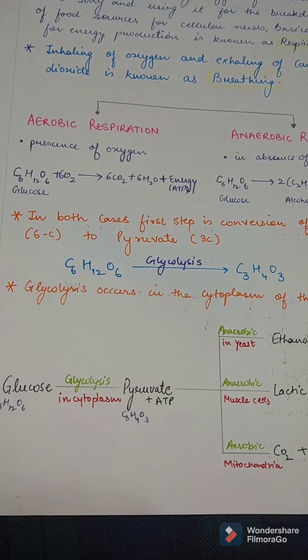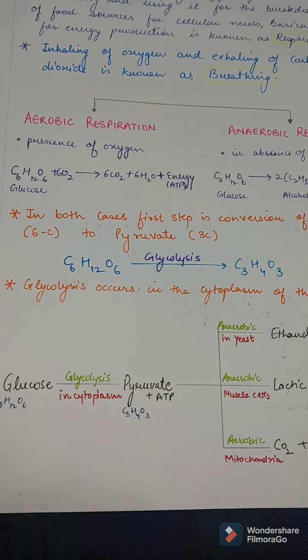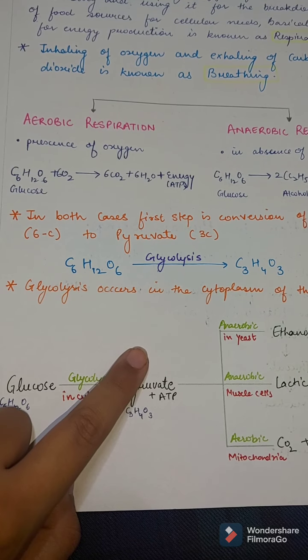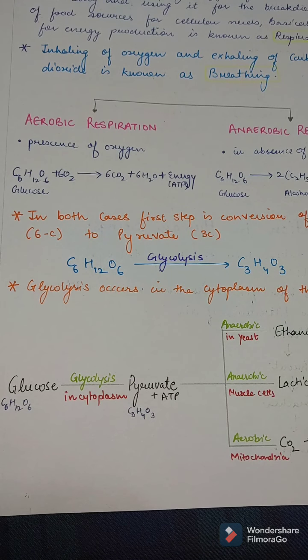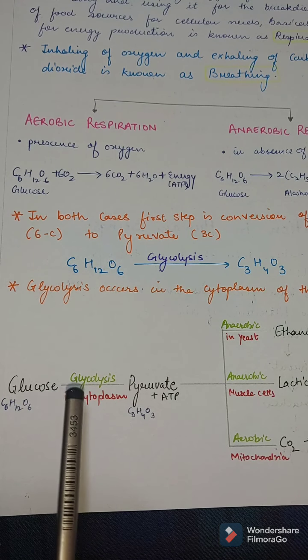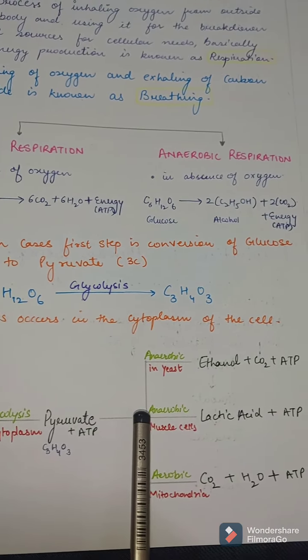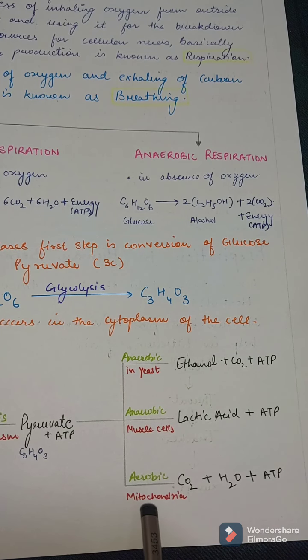So this flow chart here sums up the processes of aerobic and anaerobic respiration. So first is the conversion of glucose to pyruvate and liberation of energy in the form of ATP. So this takes place in the cytoplasm by the process of glycolysis. Pyruvate has three fates: first in the yeast, second in the muscle cells, and third in the mitochondria.